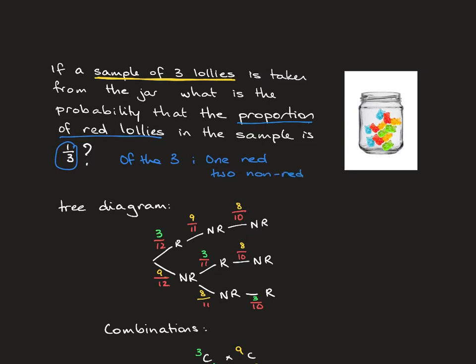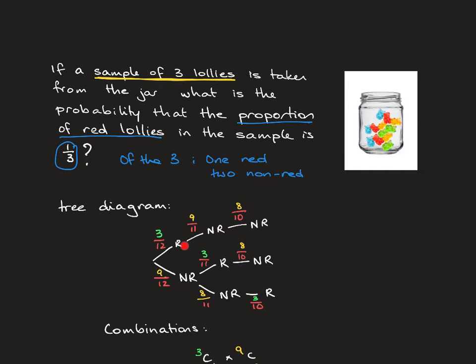So we can do that with a tree diagram by saying our first selection will be either a red lolly or a not red lolly. So for our first selection, the chance of selecting red, there's 3 red ones in there, there's 12 lollies in there, is 3 out of 12, which means selecting a non-red is 9 out of 12.